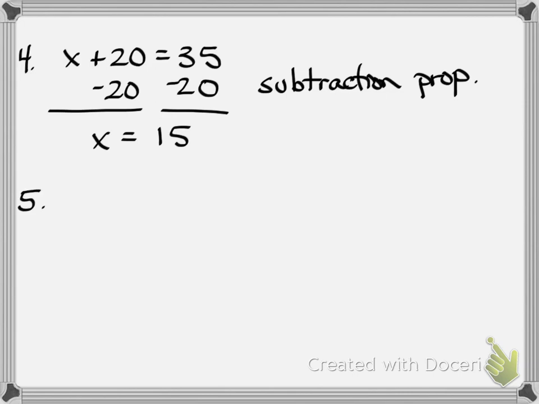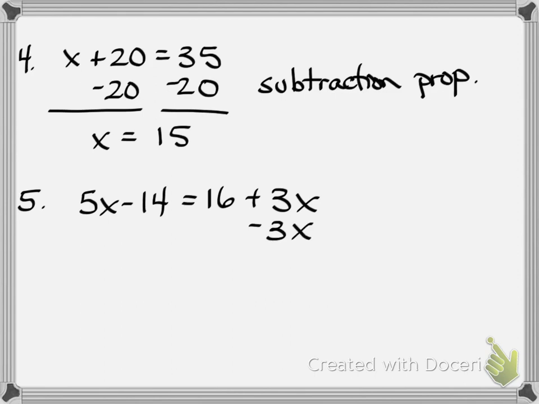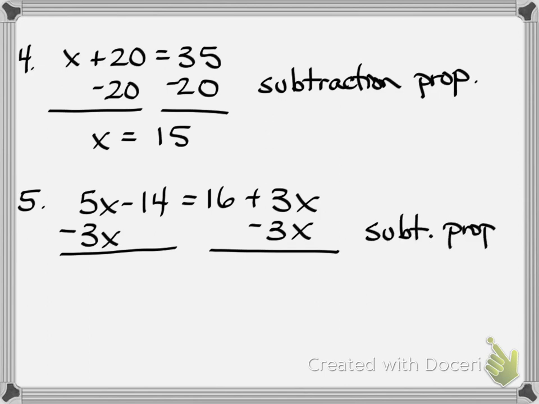Number 5. I like to move the x's first. You might have started in a totally different way and your problem is fine. But for me, the way I'm doing this, that's the subtraction property.